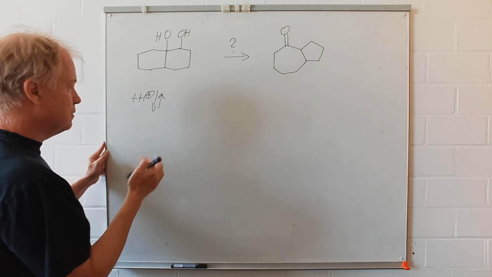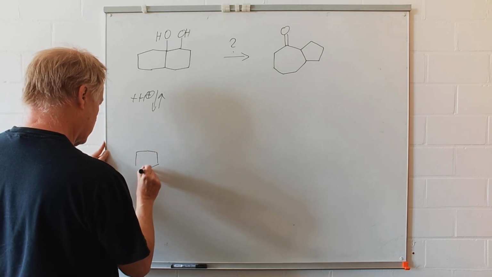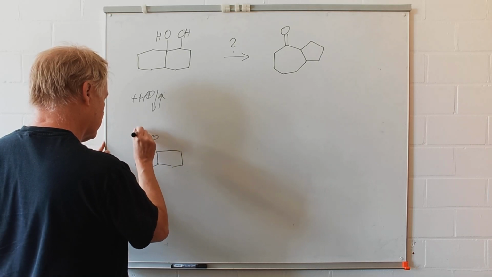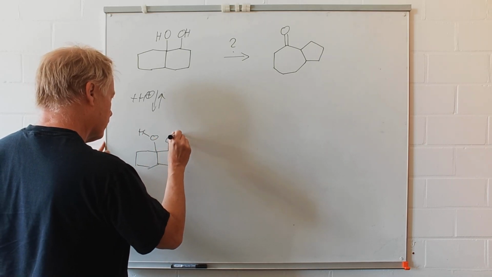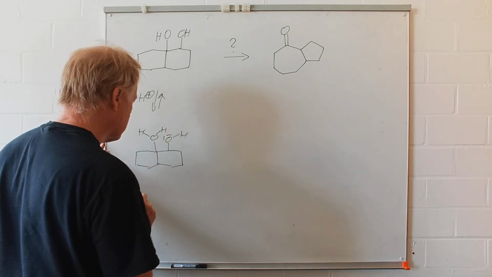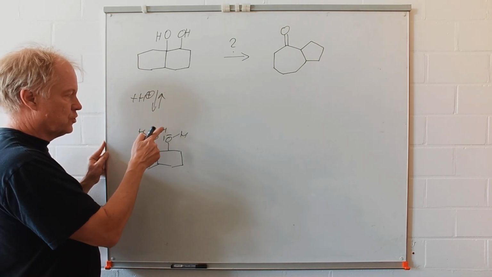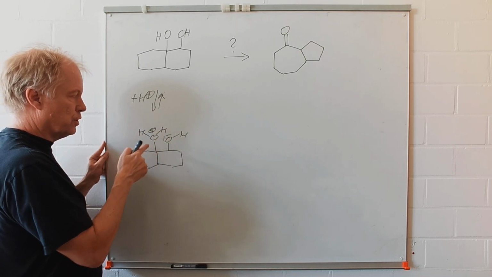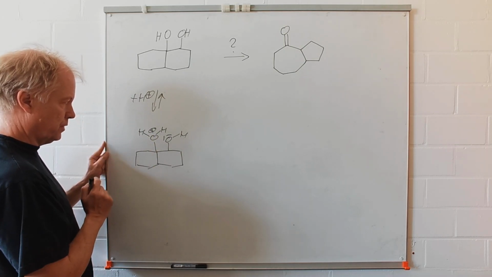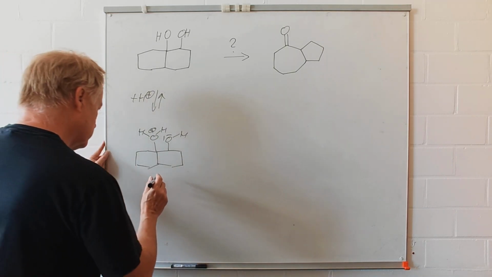In a polar environment, polar solvent, we will have the protonation, maybe this is stabilized by a hydrogen bridging bond between the two OH groups, and then this tertiary alcohol, the protonated one, will be the better leaving group, as I said.